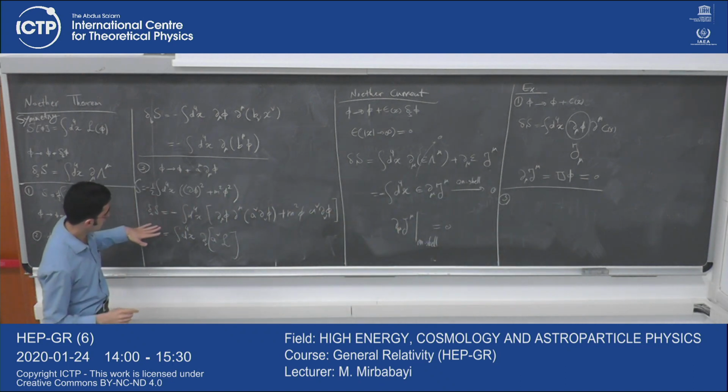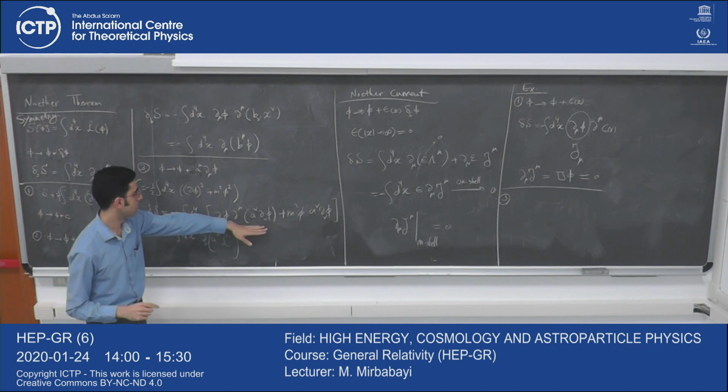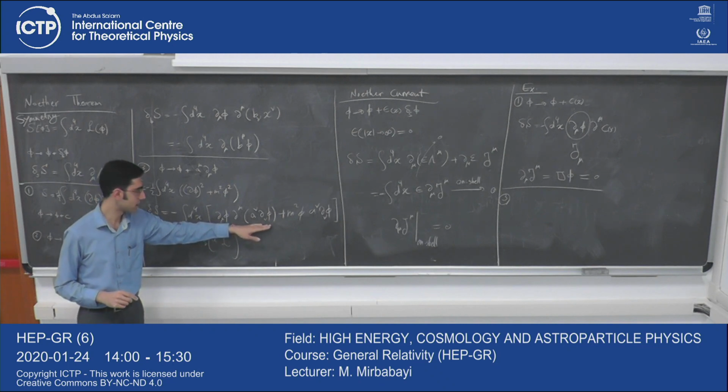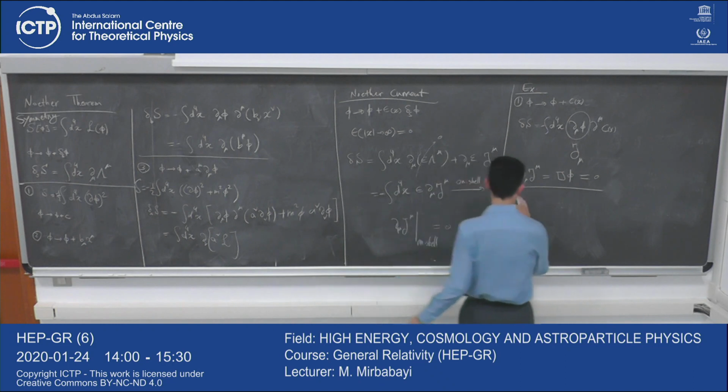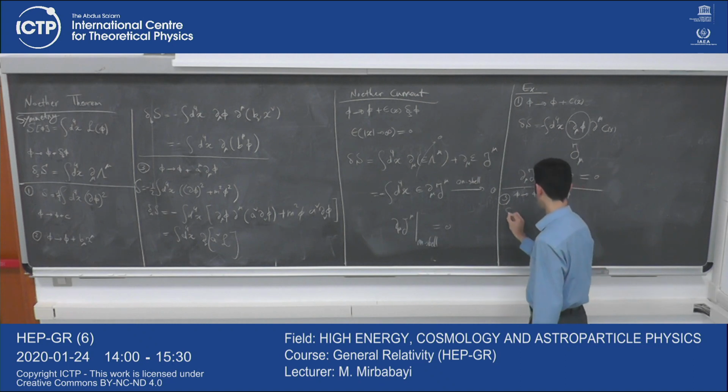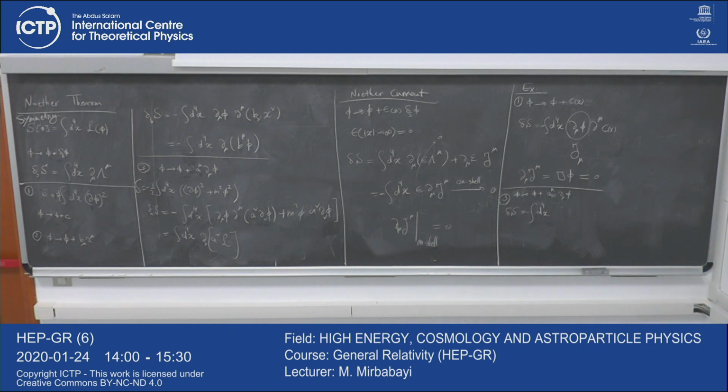In fact, part of it is already correct, because at this point I haven't assumed that a mu is a constant. So we have phi going to phi plus a mu of x times d mu phi, and we ask what is the change of the action, and we get minus the integral d4x, and we have d mu phi, and I'm going to just expand this derivative.